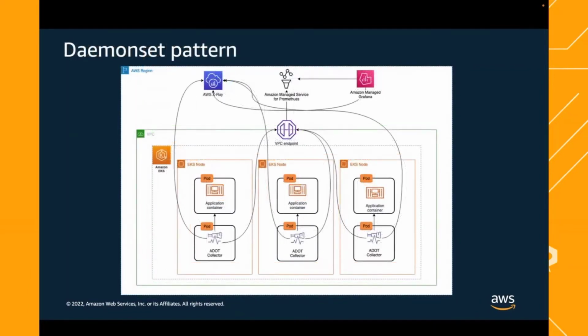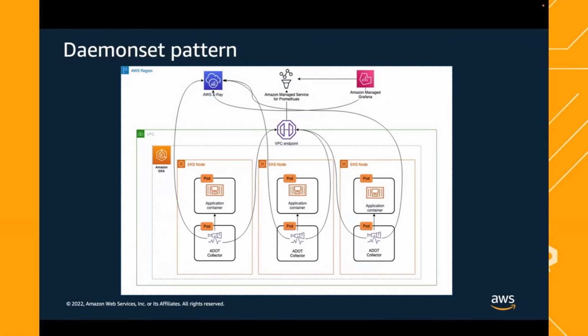Next, we have the DaemonSet pattern, where we can deploy the ADOT collector as a DaemonSet in each EKS node, and the load is evenly distributed across these ADOT collectors that are deployed in each node, because the collectors deployed as DaemonSets on each node are only going to scrape endpoints that are in the same node.